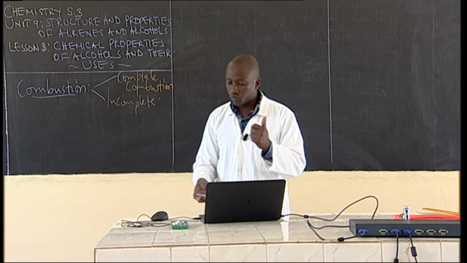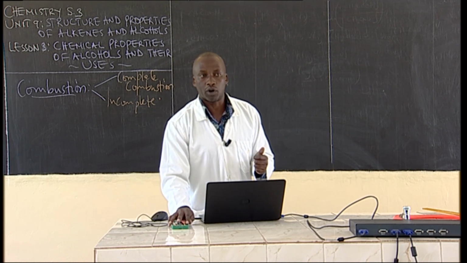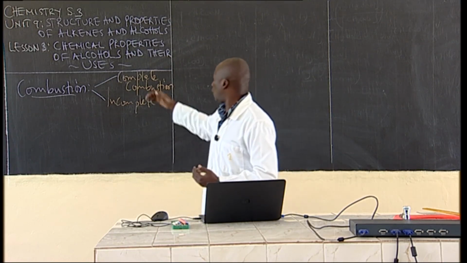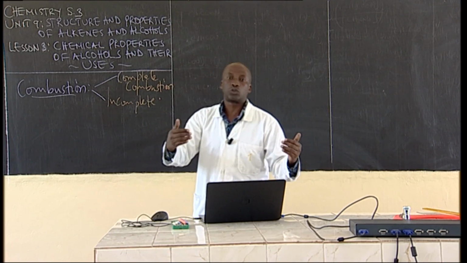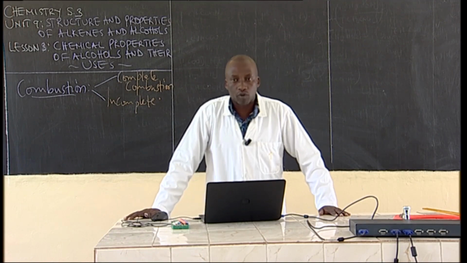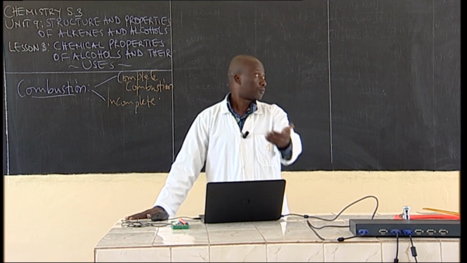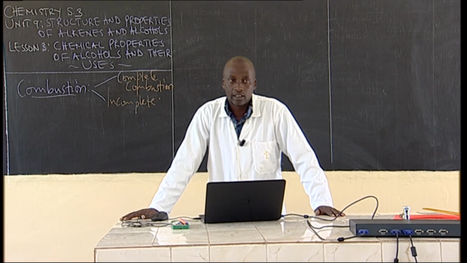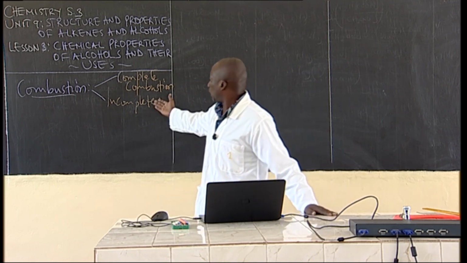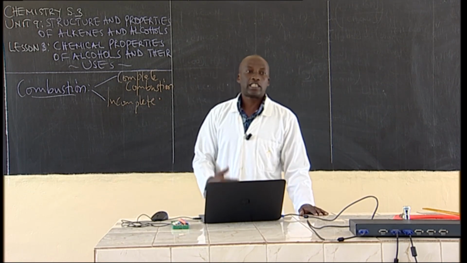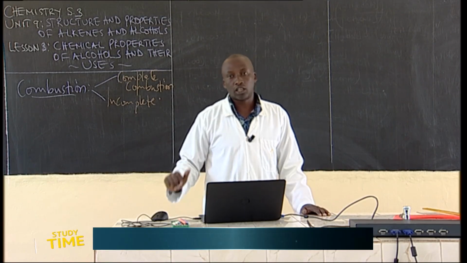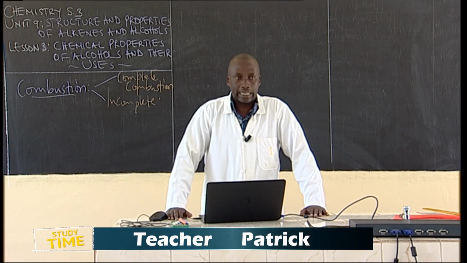So those are two forms of combustion that we're talking about. Complete combustion means a plentiful supply of oxygen, or a plentiful supply of air. Incomplete combustion is when less oxygen is used for burning.